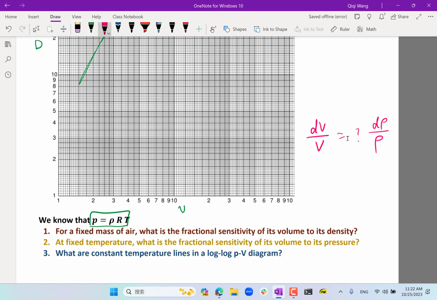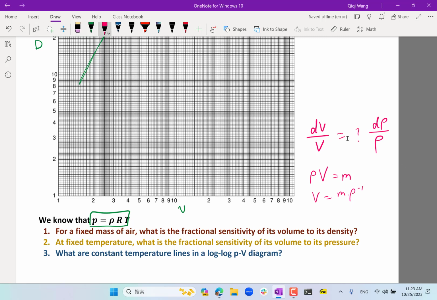You have an idea? 1/2? Why? Because rho is proportional to v squared. Oh, no, should be minus 1/2. Minus what? 1/2. Minus is correct, but 1/2 is not. So what is rho times v? It's mass, right? So mass is fixed. So that means v is equal to m times rho to the -1 power.